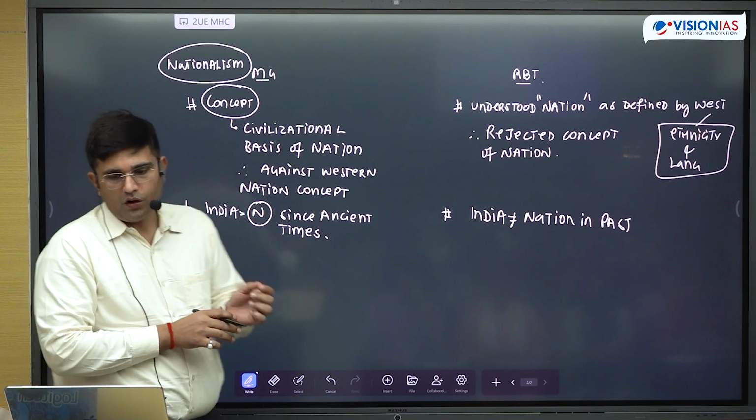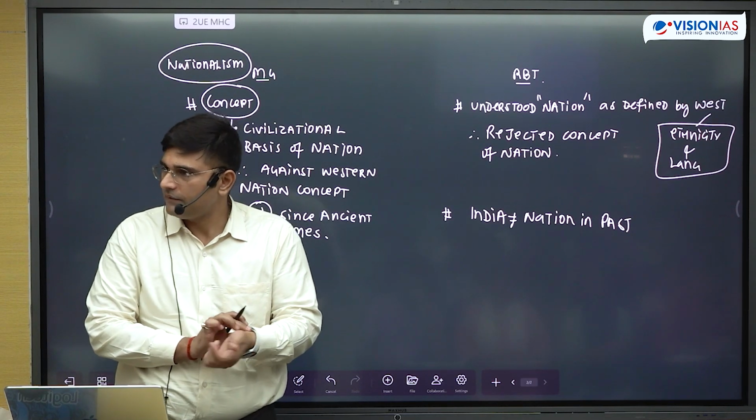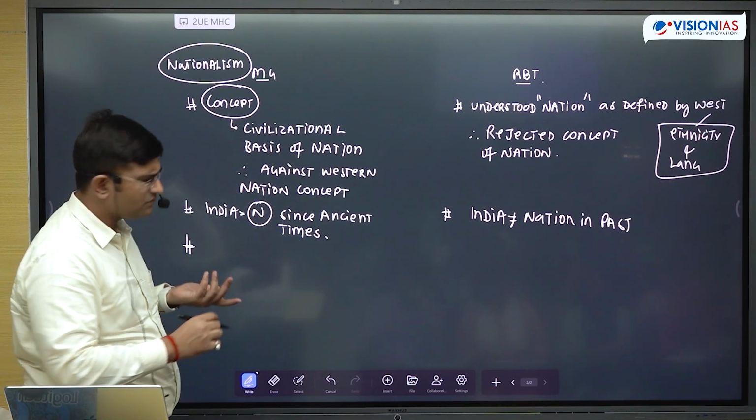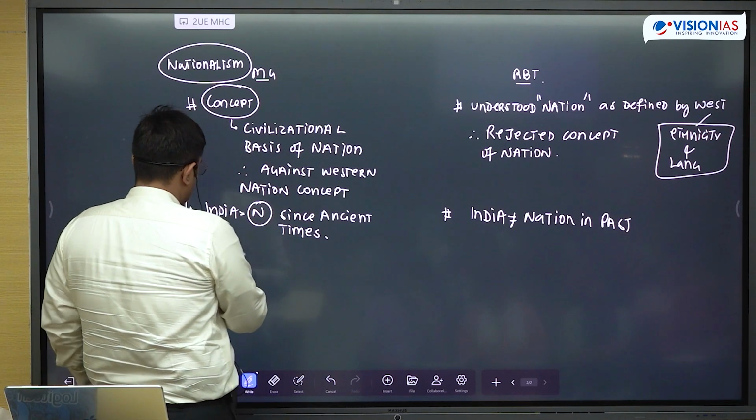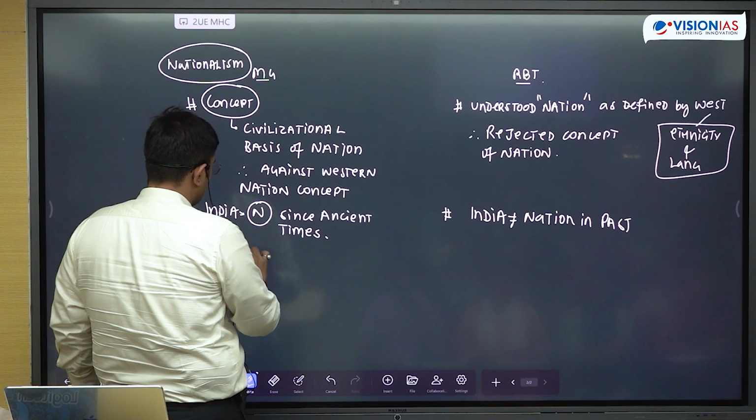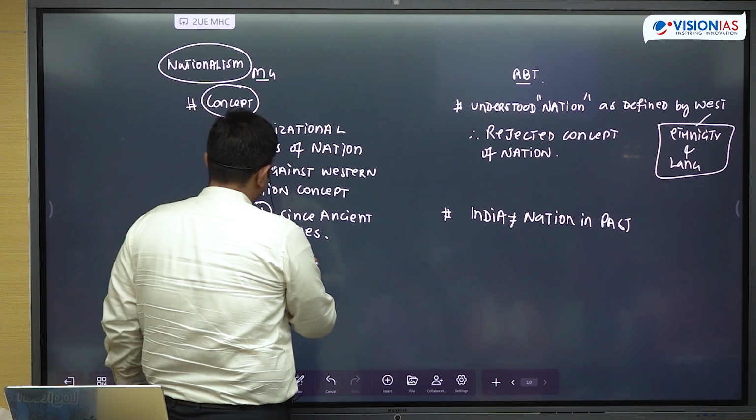Then, what was the goal of nationalism for Mahatma Gandhi? Mahatma Gandhi was against violent nationalism. Basically, here we are talking about methods.